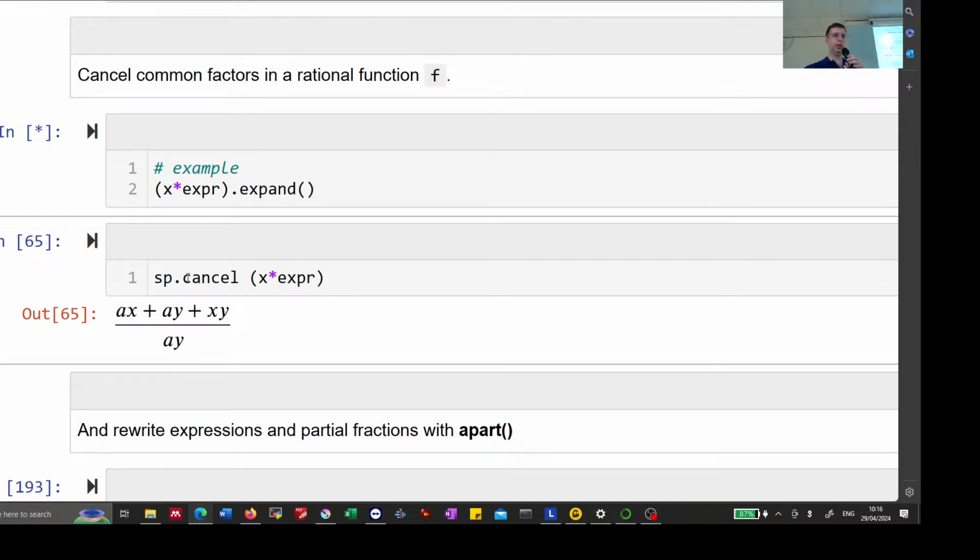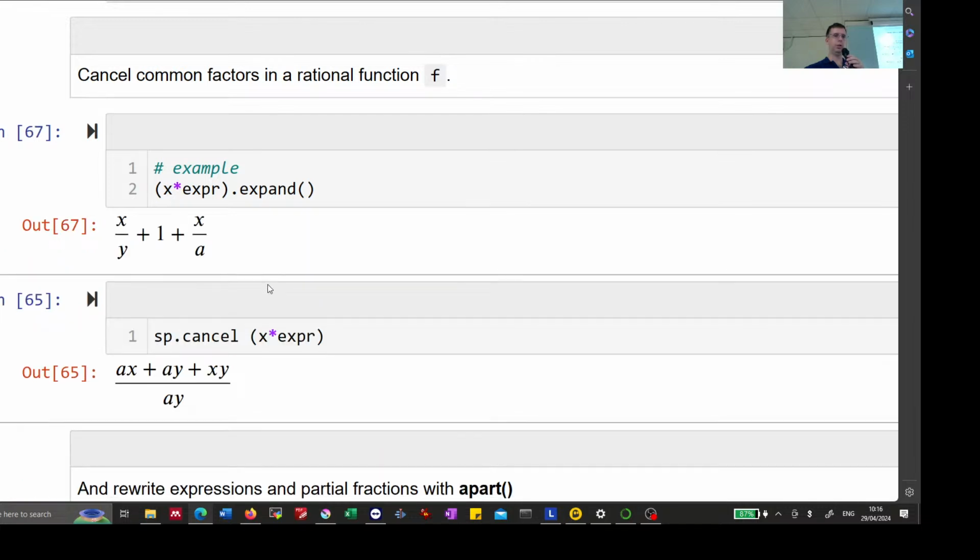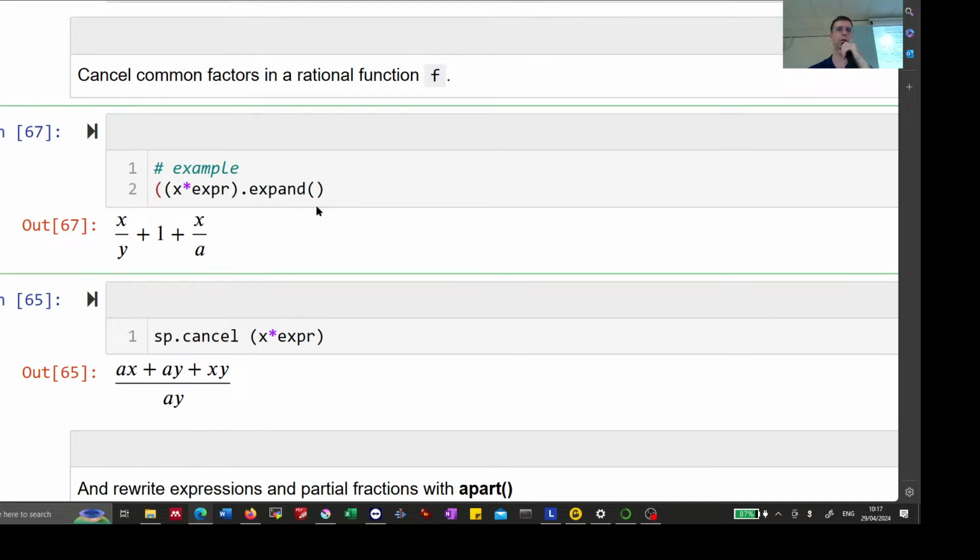Okay, but in cancel, it works a little bit differently. In cancel, we basically have a combination of together and then remove the common terms that can be removed. So far, so good. How do I make sure that everything works? Well, I go on top here.